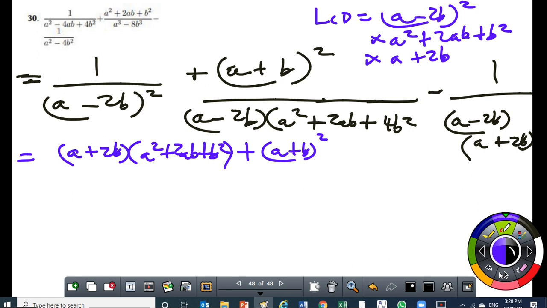I'll write it as a squared minus 4b squared. That's the product of a minus 2b and a plus 2b, because a plus 2b is not part of this denominator. a minus 2b is part of it, but in the LCD there are two of them. Are you getting it?